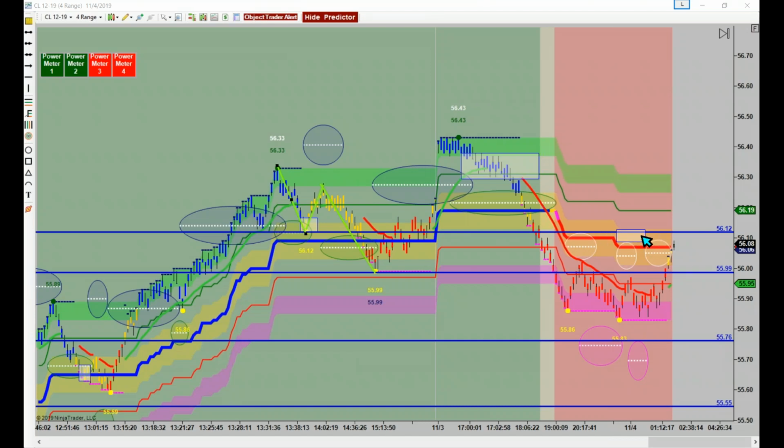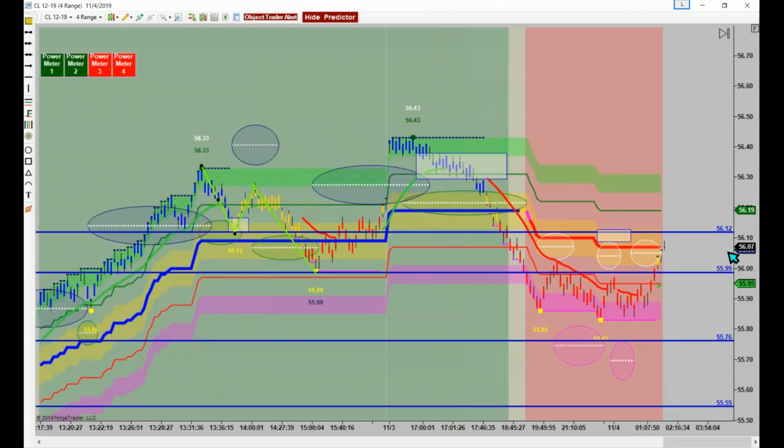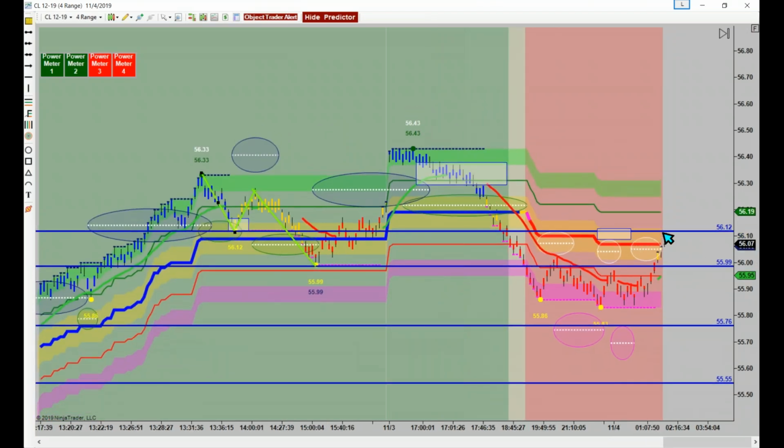That's in our box. What do you think? What says the team? I'll tell you how I would take this trade if I was going to trade this trade. I would put my stop just right above 12 if this bar rolls back through mid-band. So let's see if it works out or not. Watch me get hit on my first trade. Can happen.